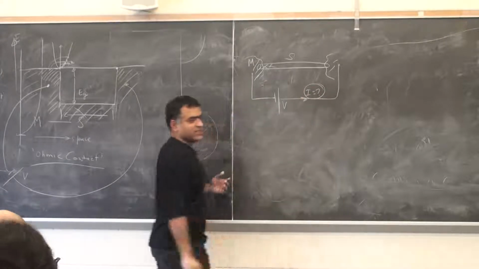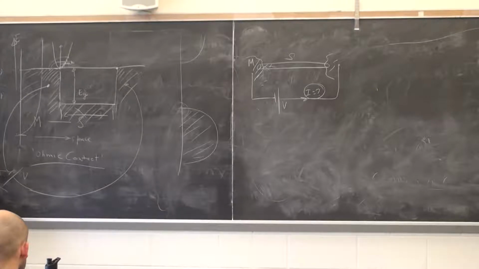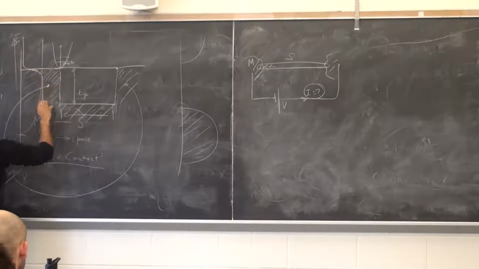So that's obviously the most basic transport problem. If I apply a voltage V, what is the current, right? So we're talking about the charge current at this point. And so the way to look at it now is, the moment I apply a voltage V, what it does is the following. In the metal on the left side, you have a Fermi-Dirac distribution that goes through the Fermi level. This is the Fermi level of the metal, and it goes to 1.